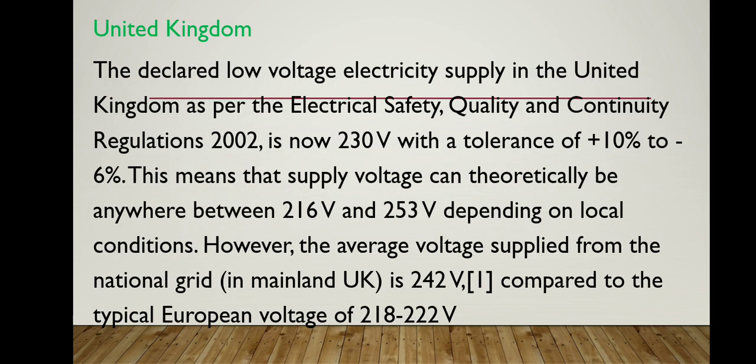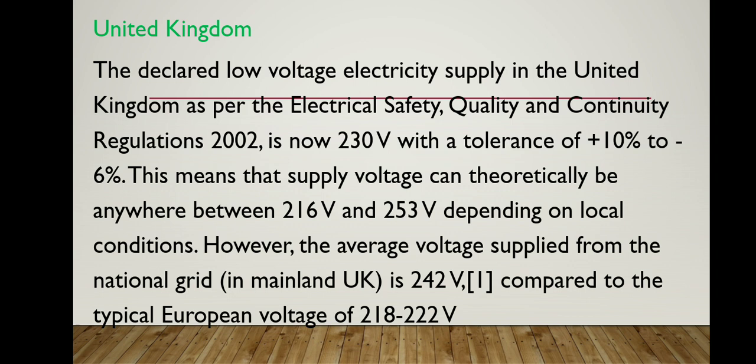Next, the declared low voltage electricity supply in the United Kingdom, as per the Electrical Safety, Quality and Continuity Regulations 2002, is now 230 volts with a tolerance of plus 10% to minus 6%.